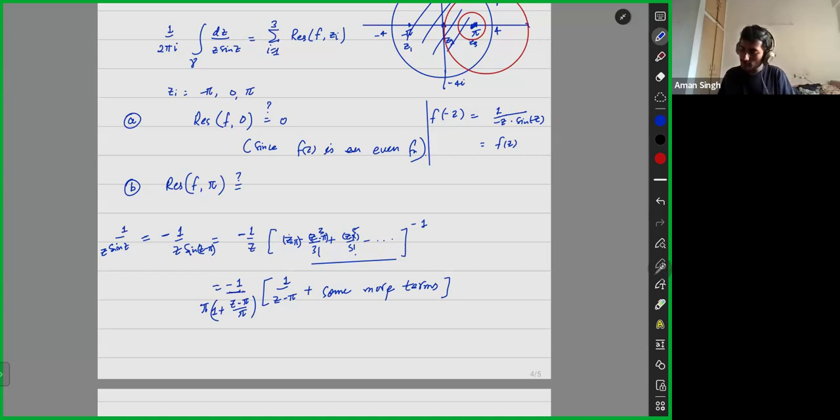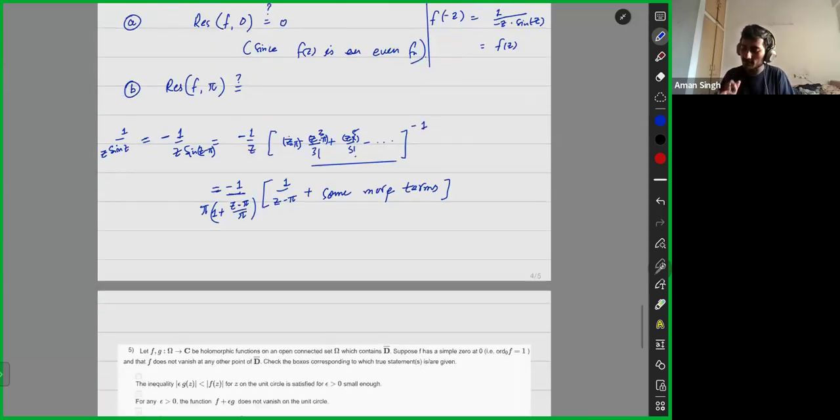So we do this and we expand this also. What we'll get is minus 1 by pi outside, and the inside part is 1 minus (z minus pi).